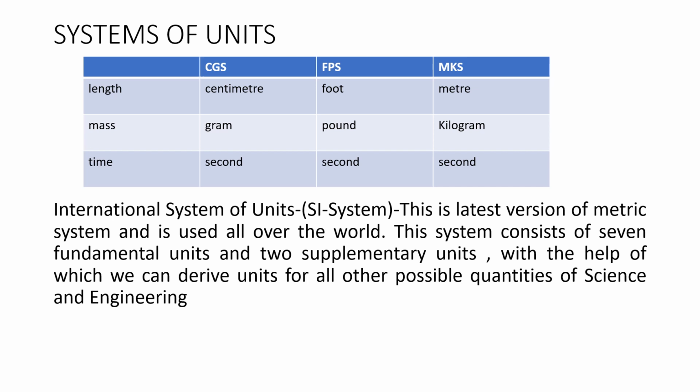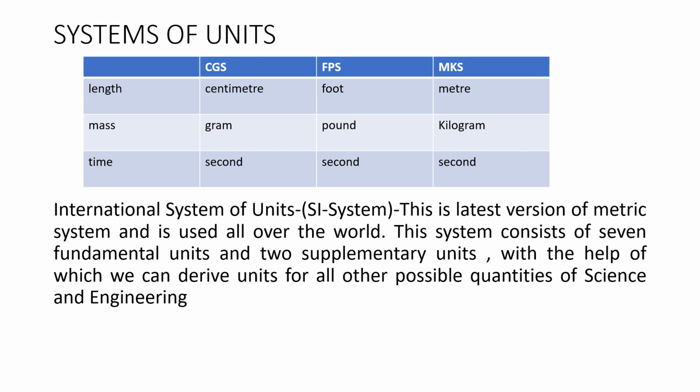FPS system, which is also known as British system, has the unit of foot for length, pound for mass, second for time. MKS system has the units of meter, kilogram and second for length, mass and time respectively.